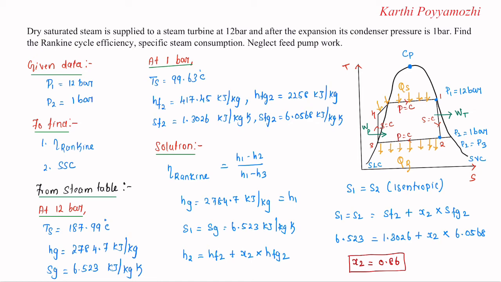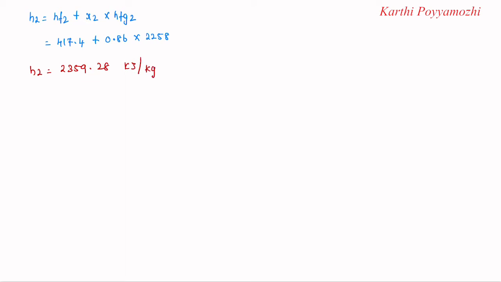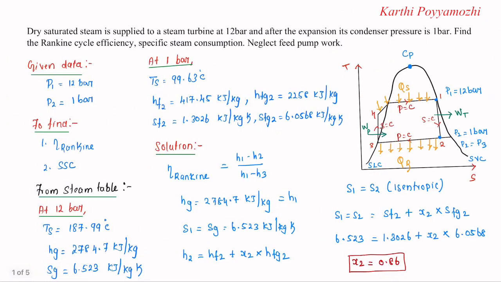By substituting these values, H2 is equal to hf2 plus x2 into hfg2. With hf2 as 417.4 and x2 as 0.86 into hfg2 of 2258, the value of H2 is calculated as 2359.28 kilojoule per kg.